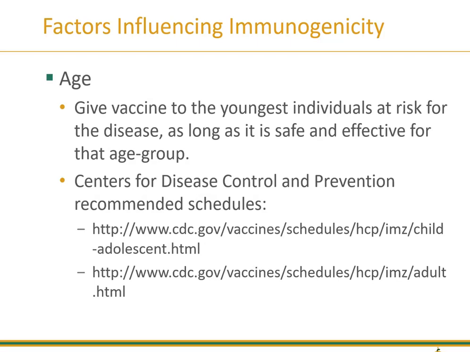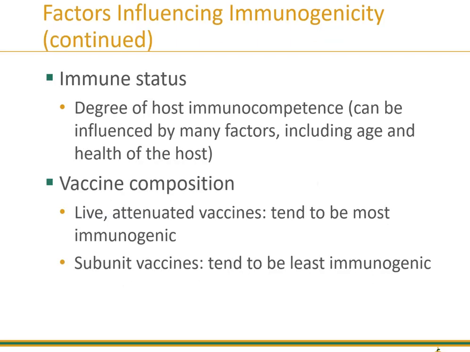You can look in your textbook on pages 505 and 506 and see a chart that gives a recommended immunization schedule for adults and children, and you can see the websites there. Like I said, this has gone on a lot of statistical data to try to determine the best time for this to be done.